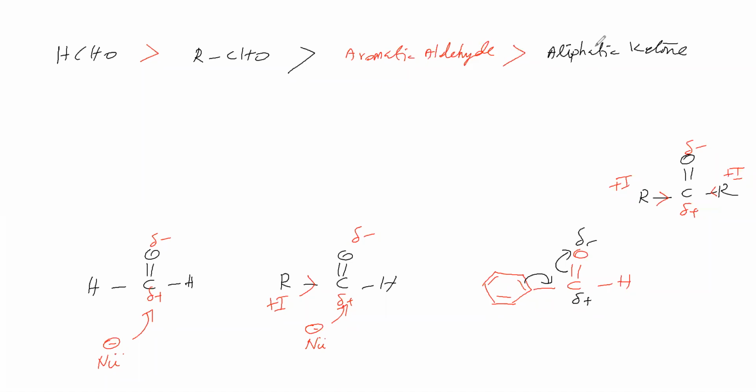Out of aldehyde and ketone, aldehyde has the higher tendency. Then we will take aromatic ketone. Here we already said aliphatic ketone, and now we will take aromatic ketone. In the aromatic ketone, the pi electron cloud is there in the phenyl ring.